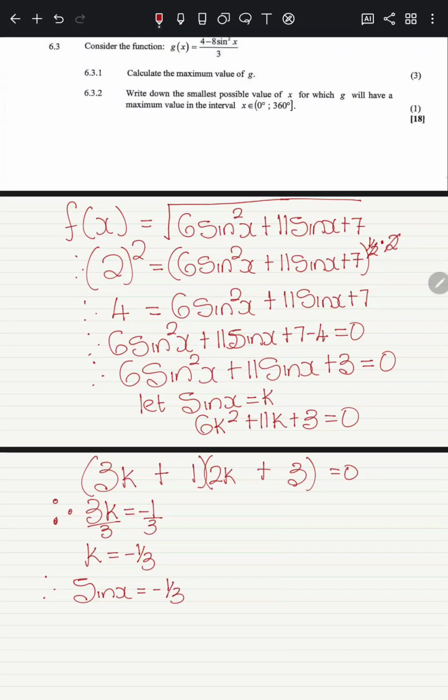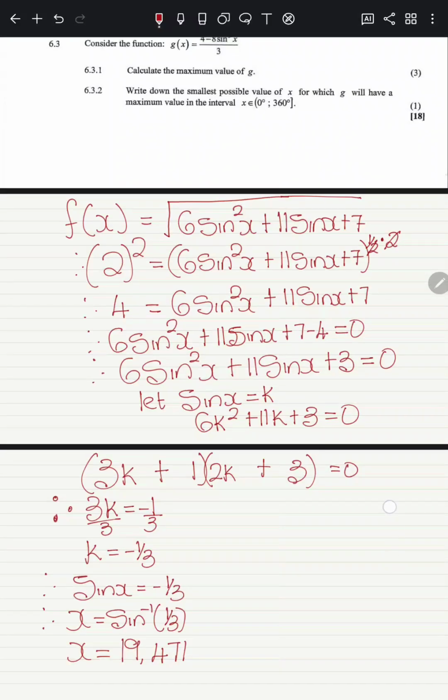Mind you, whenever we are dealing with a negative, it means that we are going to look for the value of x where sine is negative. Therefore, x is equal to arc sine of 1 over 3, which is 19.471 if you round it to 3 decimals.